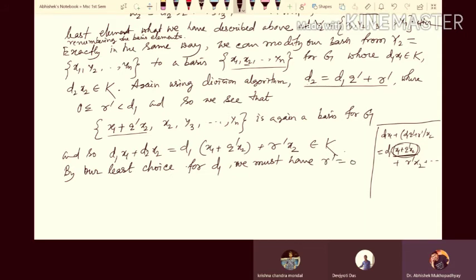There is no other possibility. And so d2 can be written as d1 q dash, that is d1 divides d2.